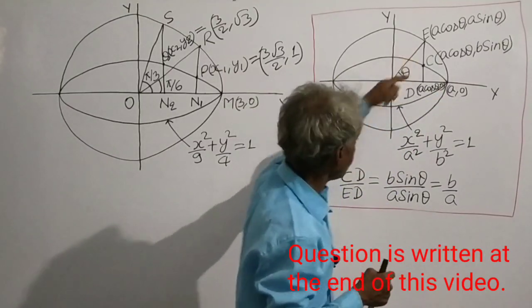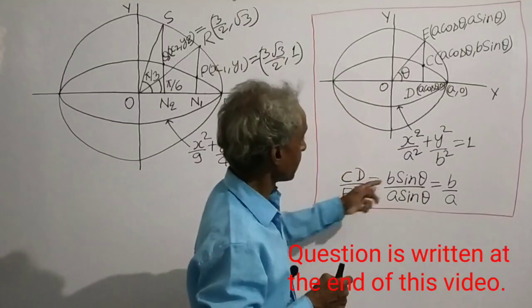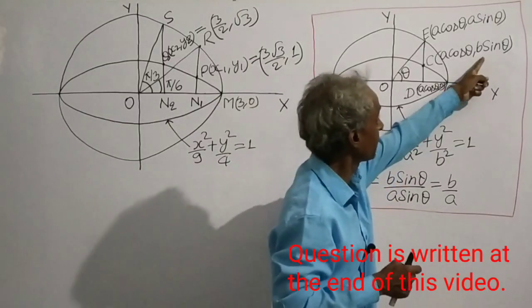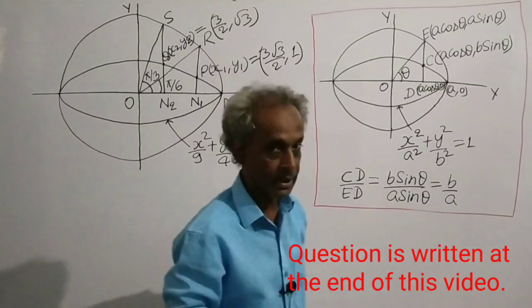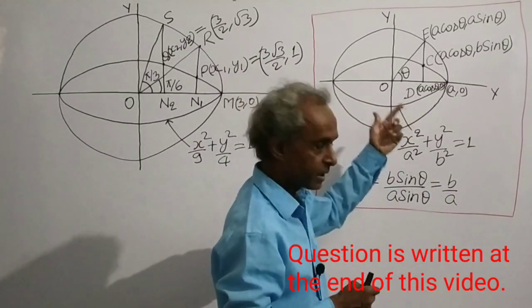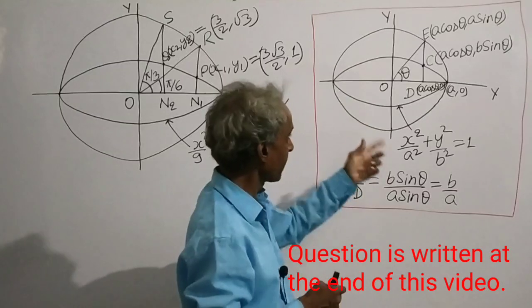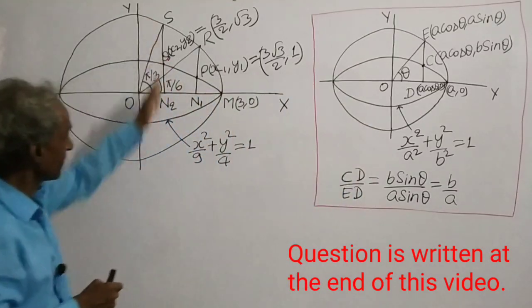CD by ED is equal to B sin theta by A sin theta, that is equal to B by A. We will use these formulas, this knowledge, in solving this question.